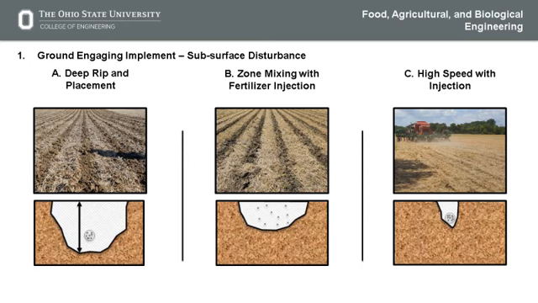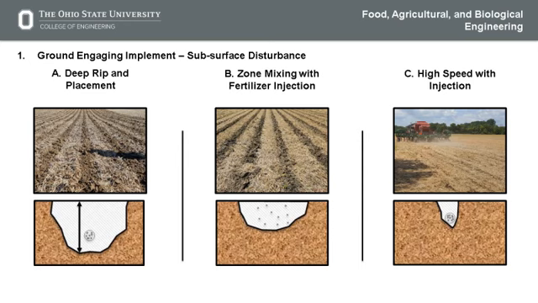With the deep rip and placement environment, we're really looking for a U-shape, a good shatter zone of any compaction that may be down in that layer, and also being able to place a fertilizer band at a specific spot within the strip. Some of those tools are available to place fertilizer at different depths regardless of where the shank is. We can have the shank set at a certain depth and move the fertilizer application opener up and down.